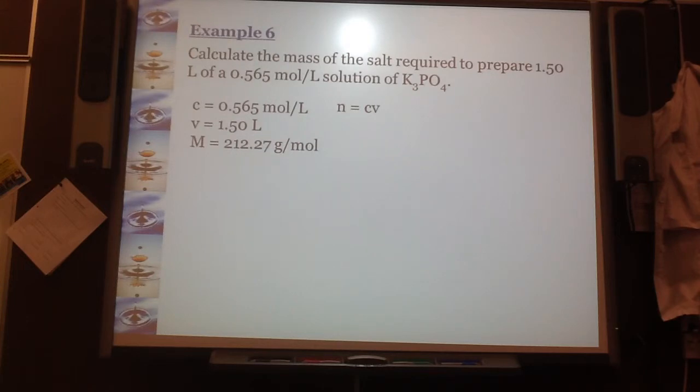So now you need to find your moles first to find your mass. So your N equals C times V. So the number of moles that's used in this solution is 0.8475.